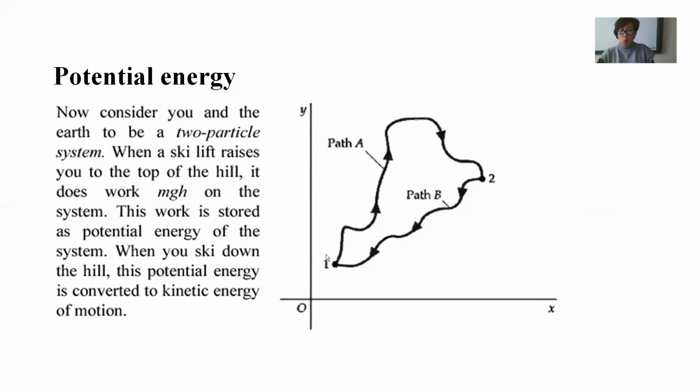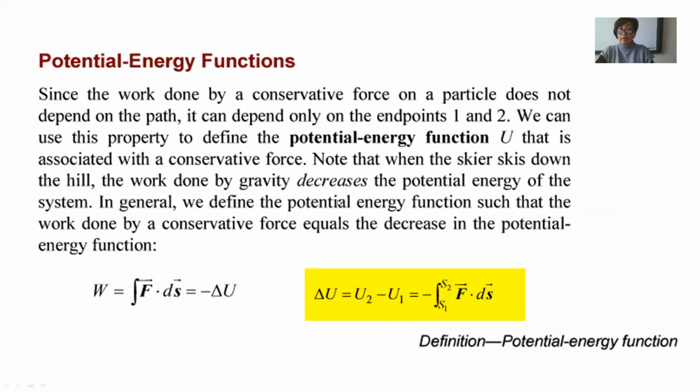Here, this is path number 1, from 1 to 2, and path number B is followed from 2 to 1. Now the potential energy function.